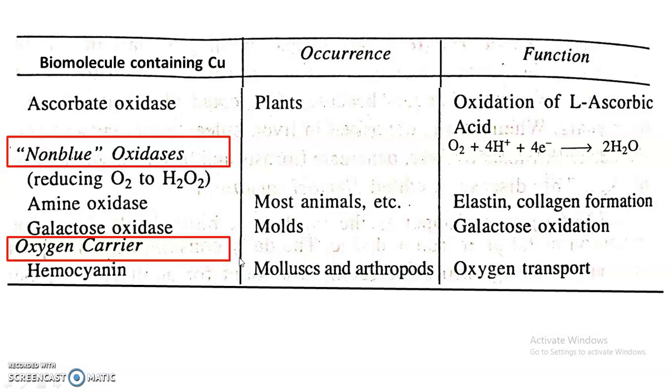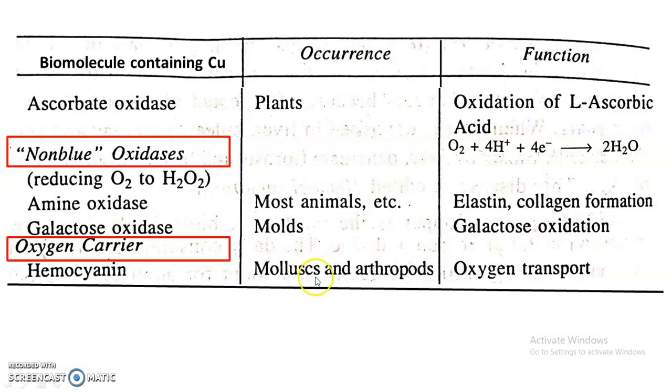Now the next important biomolecule, responsible for oxygen carrying, is hemocyanin. These are non-heme respiratory oxygen carriers found in the lymph of most mollusca and arthropoda.